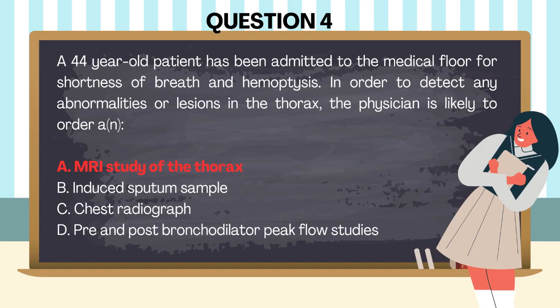Question 4. A 44-year-old patient has been admitted to the medical floor for shortness of breath and hemoptysis. In order to detect any abnormalities or lesions in the thorax, the physician is likely to order. And the correct answer is A, MRI study of the thorax. MRI is the most helpful for the detection of abnormalities or lesions in the thorax.